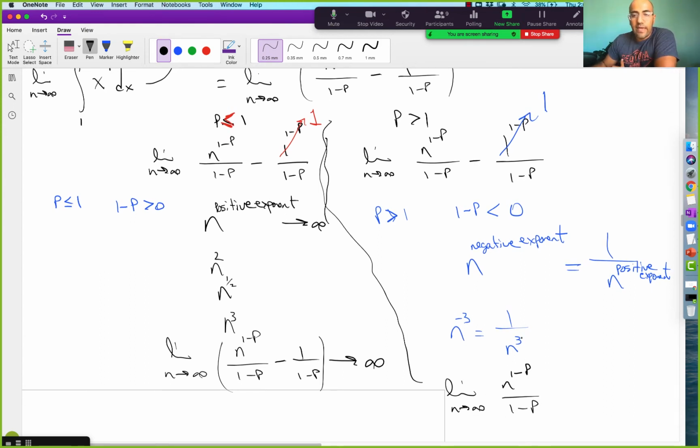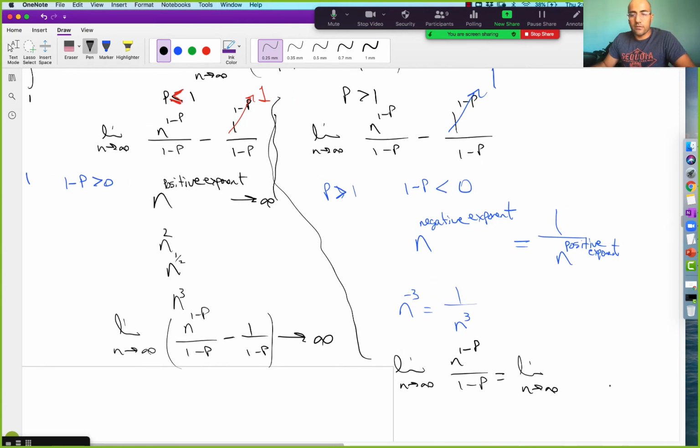This, for the case where p is definitely greater than 1, is going to be equal to the limit as n goes to infinity of, well, this is definitely a negative exponent, so we put it in the denominator. It's going to look ugly no matter what I do.